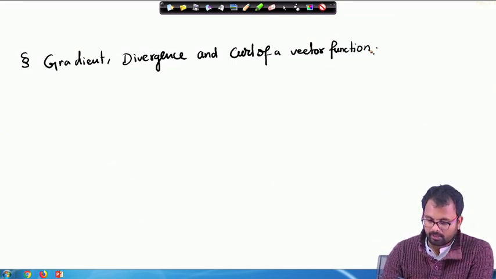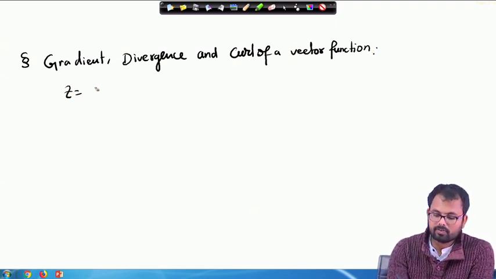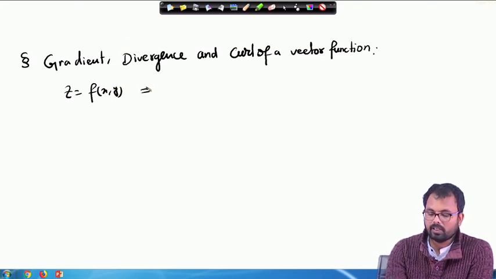First of all, what do we mean by the partial derivative of a vector function? In the case of scalar functions, if we have a function of two variables, we can talk about del z del x and del z del y.